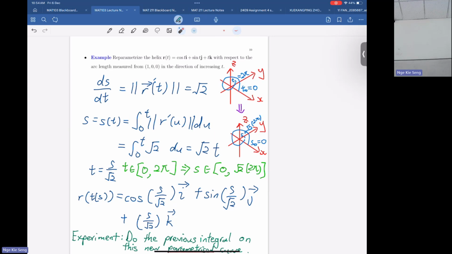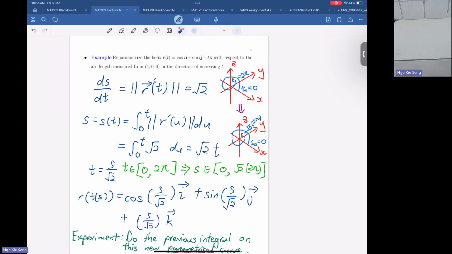If you do this ds over dt business, meaning you differentiate all these and then you compute the length, what do you get? You quickly do the calculation in your mind.